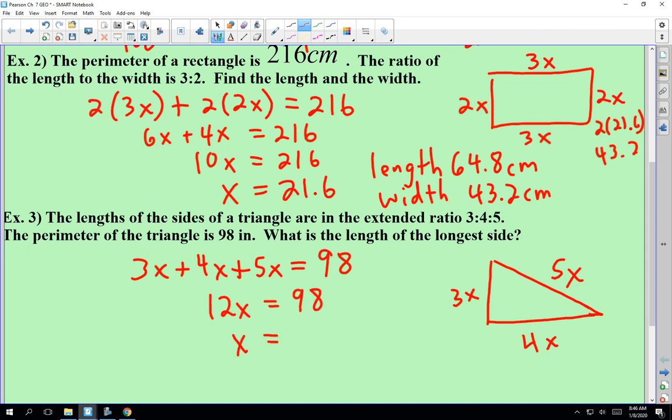Divide 98 by 12. Not going evenly. So I take out my trusty calculator, do 98 divided by 12. What do you get? 8.